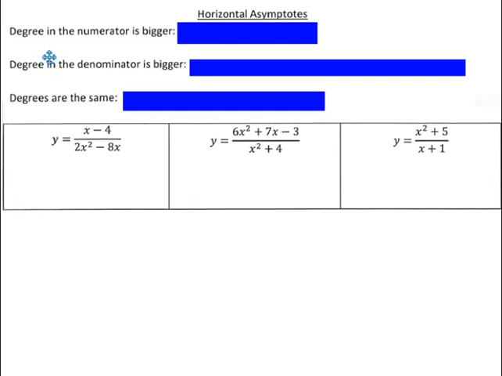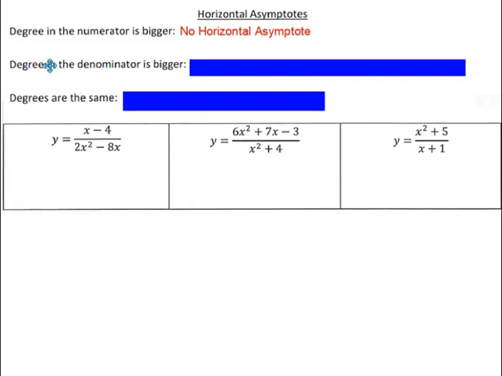So if we have an example where the degree in the numerator is bigger than the denominator, we're always comparing numerator and denominator, then we don't have any horizontal asymptotes. We're not going to have any dotted lines going across our graph, meaning left and right.